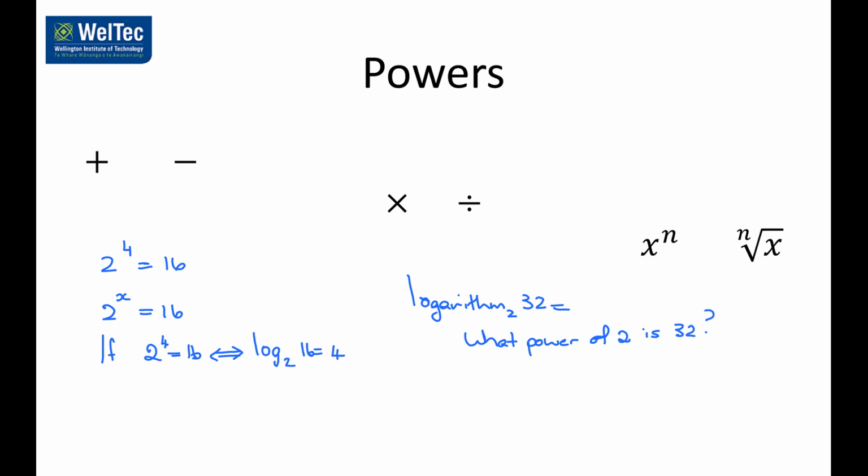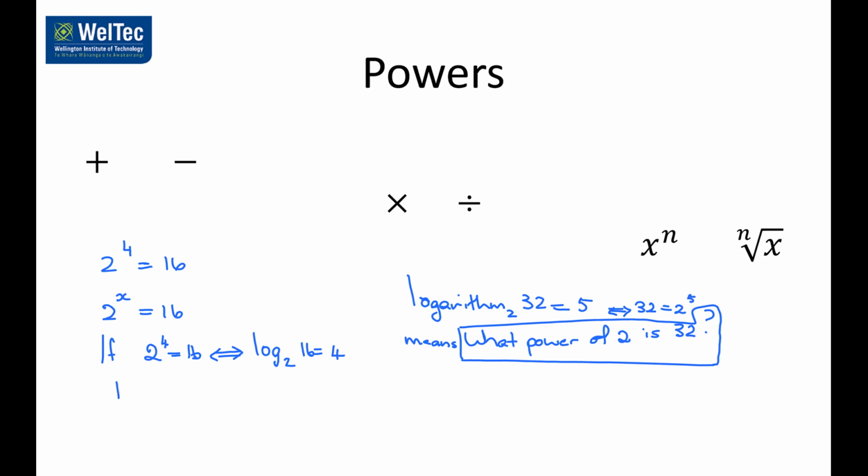If that notation means this is a question, then we can answer the question. The answer is 5. And it's 5 because 32 equals 2 to the power of 5. So we know all that.